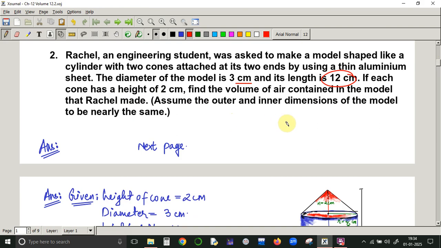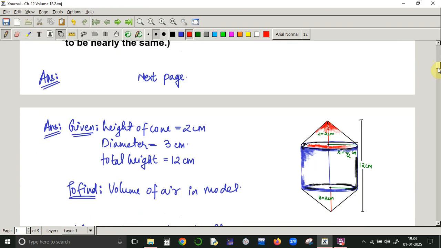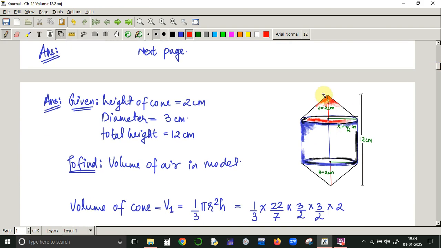Okay, so the length of the model is 12 and the length of cone is 2. This is also 2. So the length of cylinder is 12 minus 2 and 1 more minus 2, okay, 8. So let's begin the solution.